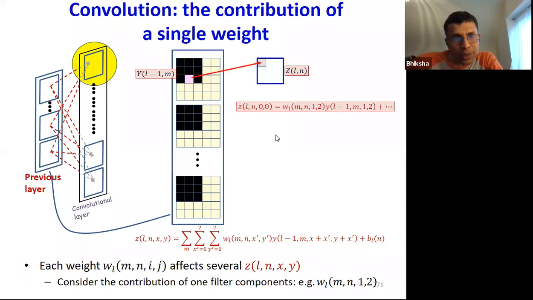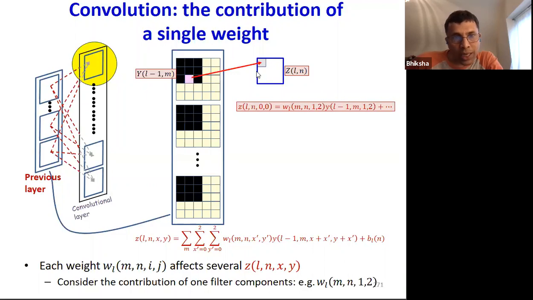Now, consider the contribution of just this one element. You're ignoring all the other elements of the filter, just this one element. So this is the 1, 2 element of the nth, let's call it the mth plane, although this is really the first plane of the filter, right?